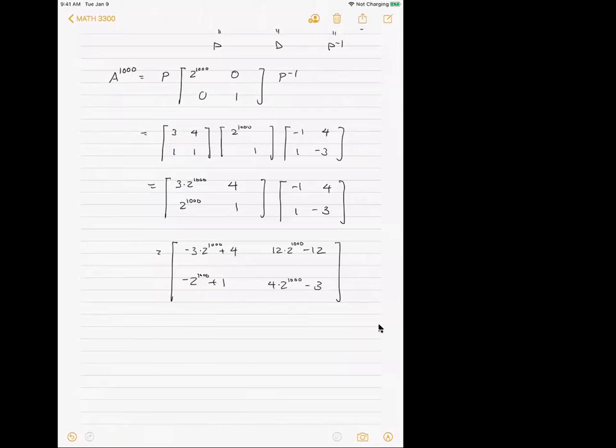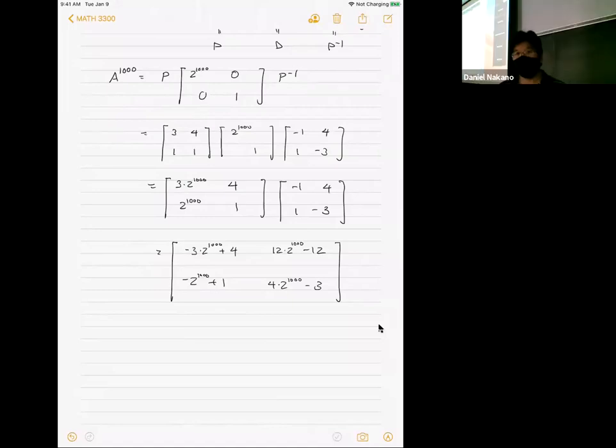So this is only more efficient when A to the n where n is greater than 3, because you have to take the dot product essentially.